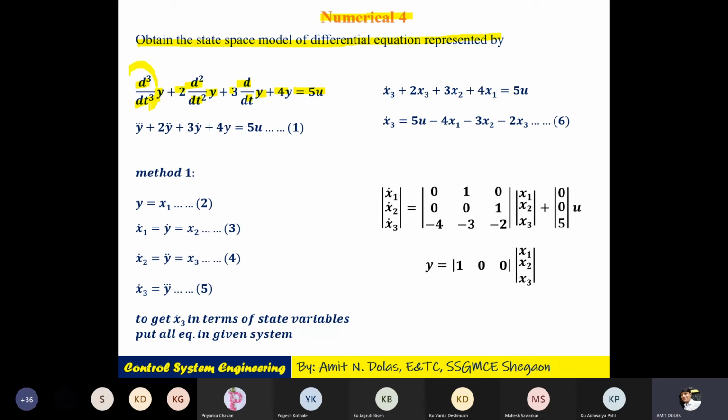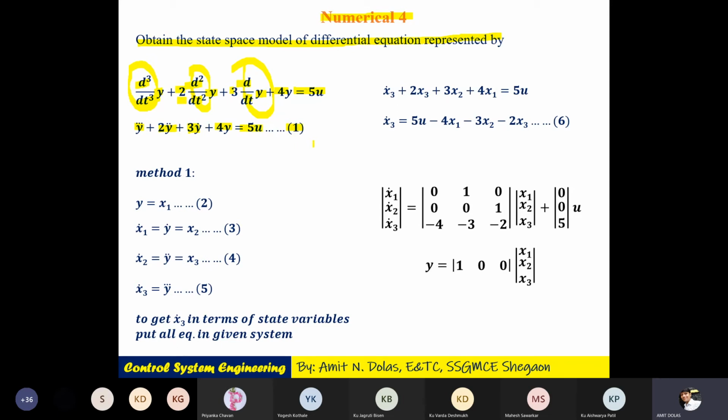So this is nothing but a third derivative. So I will write y 3 dot, 2 into, this is second derivative, so I'll write 2y double dot, this is first derivative, so I will write 3y dot, then 4y equal to 5u. So this is the equation.